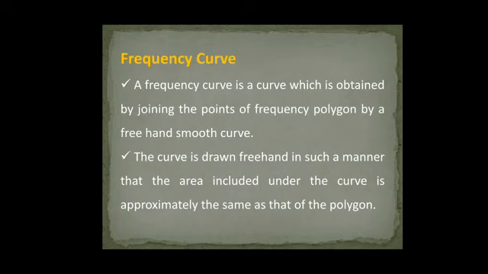The curve is drawn freehand in such a manner that the area included under the curve is approximately the same as that of the frequency polygon. Dear students, frequency curve is just a variant of frequency polygon. It is a limiting form of a histogram or frequency polygon.